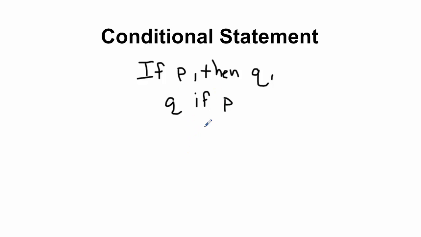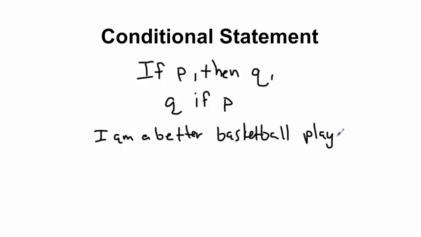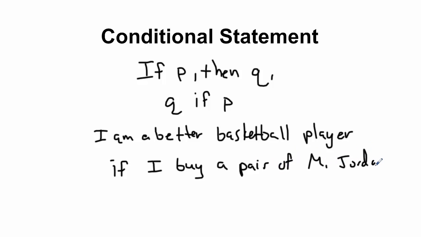So Q if P. If I use the same example, I said if I buy a pair of Michael Jordans, then I'll be a better basketball player. Well, this will be a little bit different: I'm a better basketball player if I buy a pair of Michael Jordans.